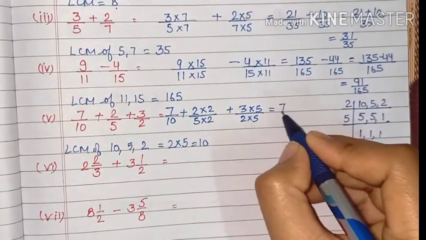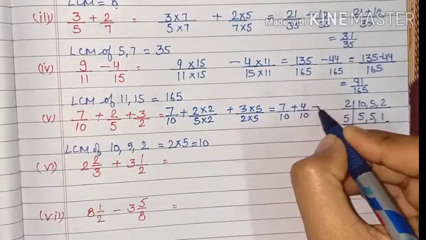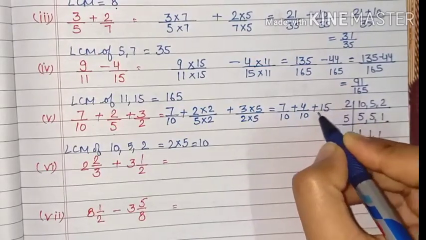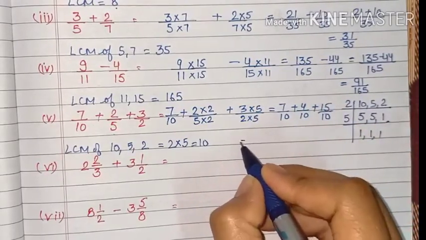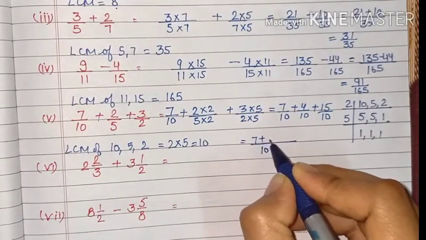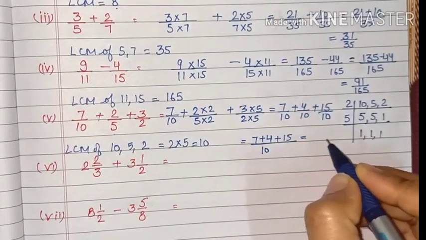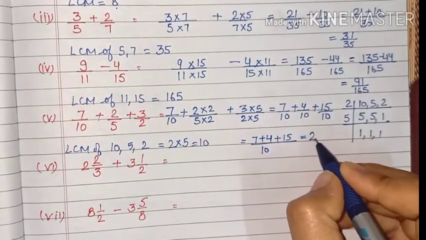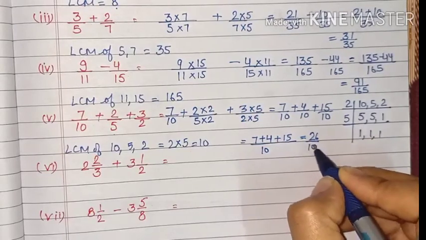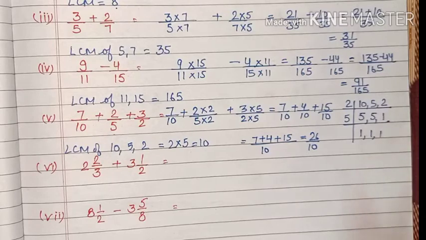So it will come equal to 7 upon 10 plus 4 upon 10 plus 15 upon 10. Now we will write the common denominator 10, and we will add the numerators 7 plus 4 plus 15, and it will be equal to 26 upon 10.